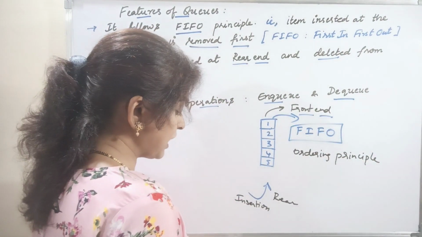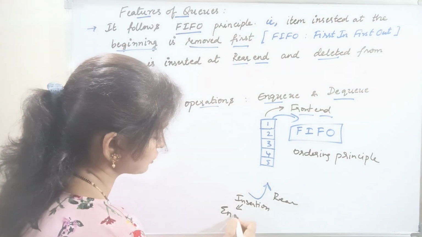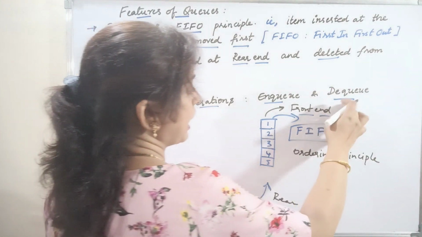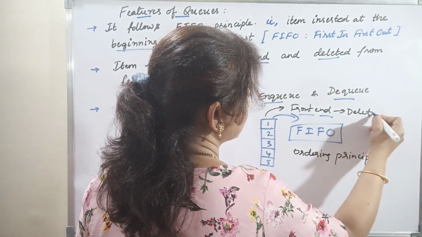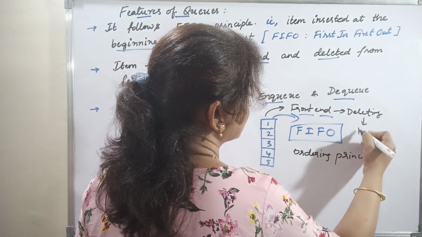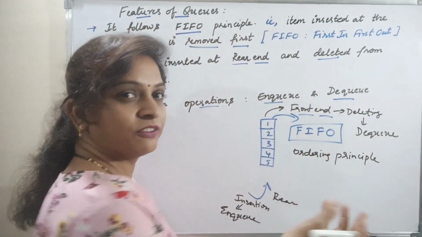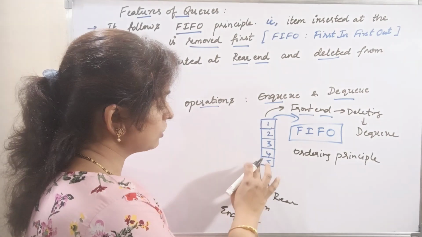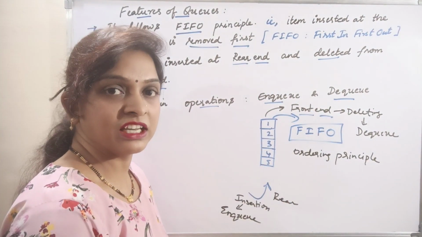NQ is nothing but insertion, and DQ means we are removing, right? So we are deleting the elements from the front end, which is DQ. You can just remember this name for blind remembrance. Okay, so NQ is insertion and DQ is deletion.